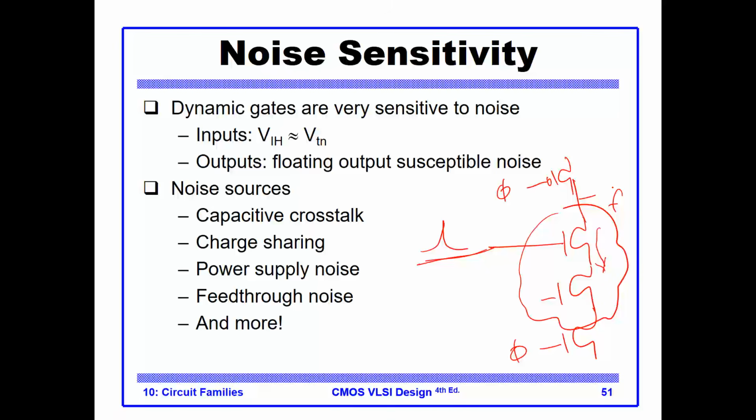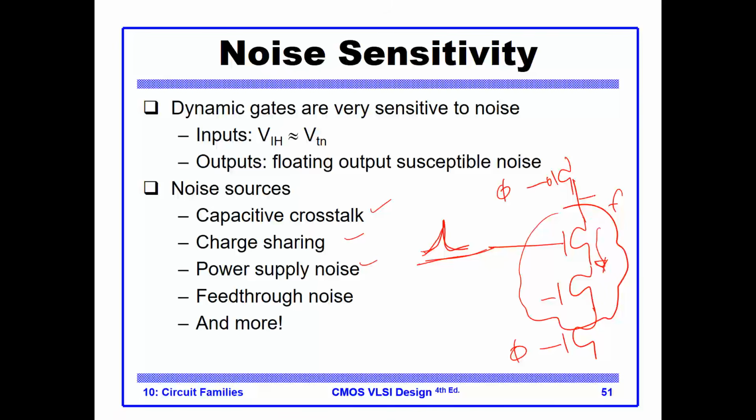Now we'll study later on what type of noises we have in the system, but typically they are due to crosstalk, charge sharing, power supply noise, and so on and so forth, all because of the intensive activity that happens in your circuit. So any pulse that comes through the inputs can really cause a problem for your circuit.